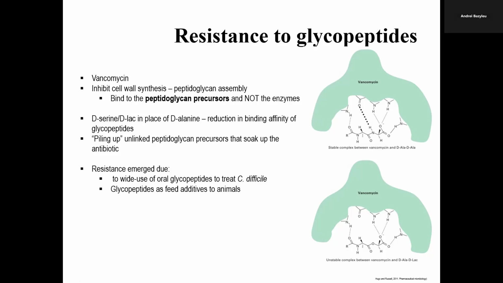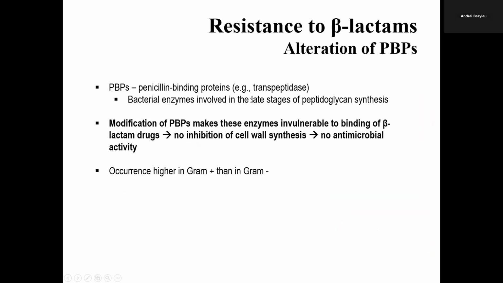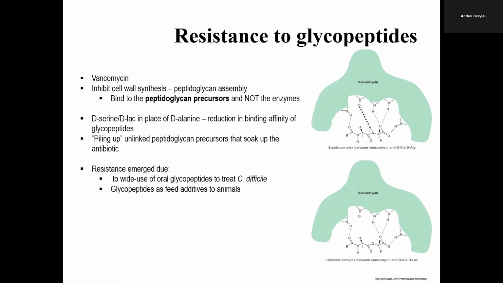So they were not binding to transpeptidases, these enzymes here. This was the case for beta-lactams. These ones do not care for the transpeptidases. Very important to remember. They were literally binding to the building blocks, as they call them. So the glycopeptides bind to a completely different molecule.